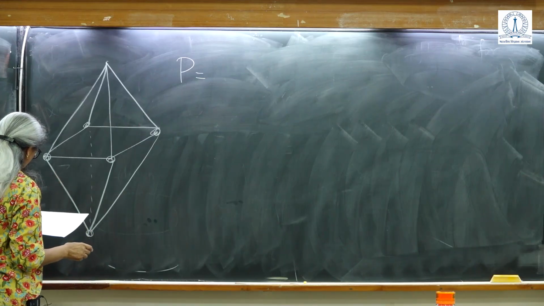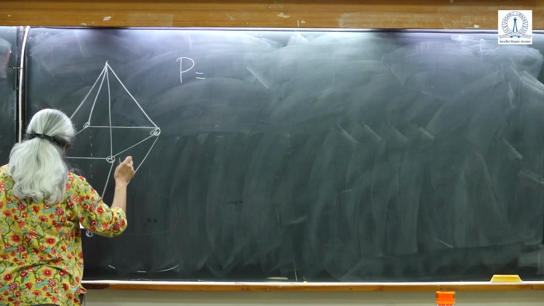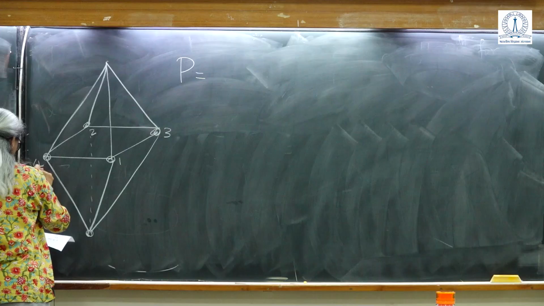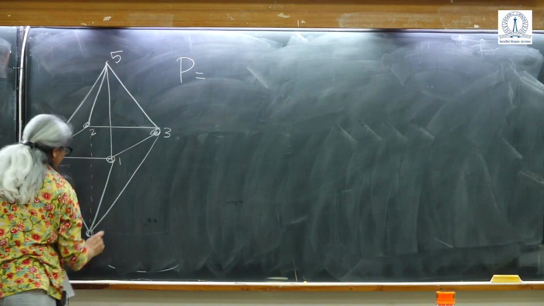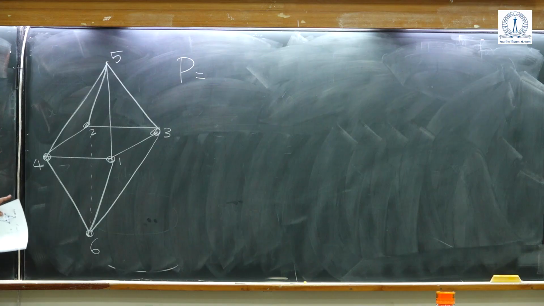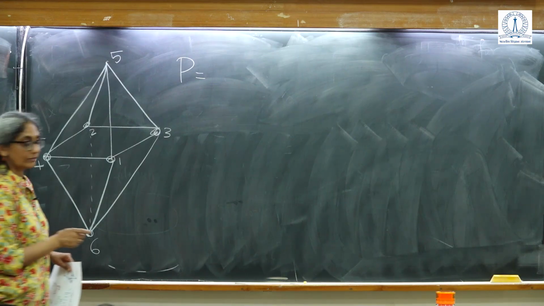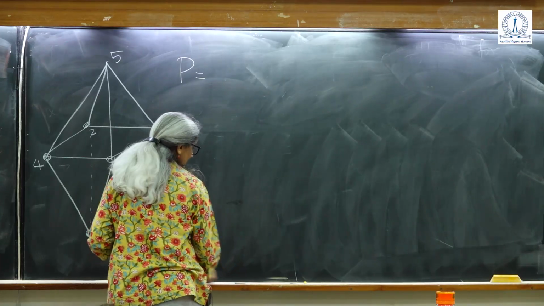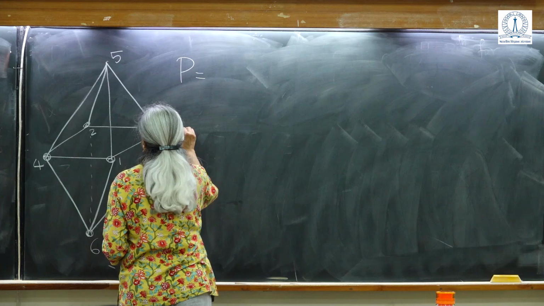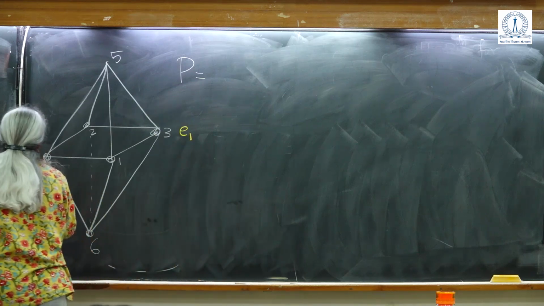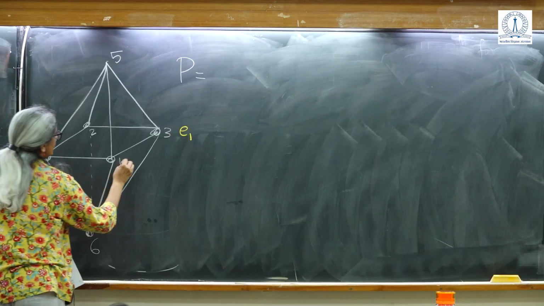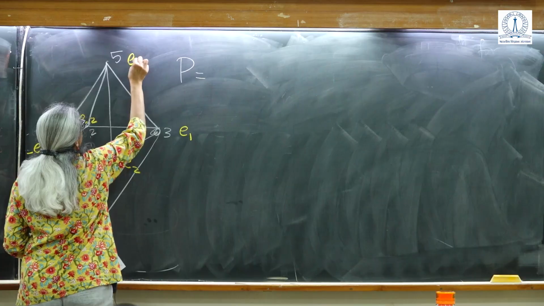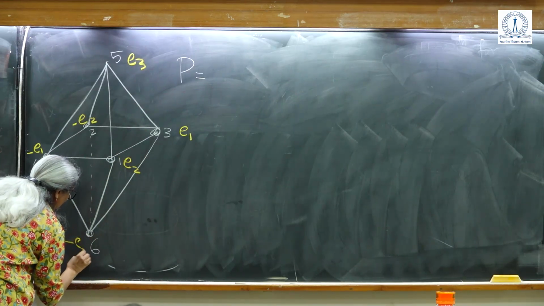Okay, so the points are, I'm going to number them like this, 1, 2, 3, 4, 5, and 6. And these are just plus minus the unit vectors. This is e1, this is minus e1, this is e2, and this is minus e2, and that's e3 and minus e3.